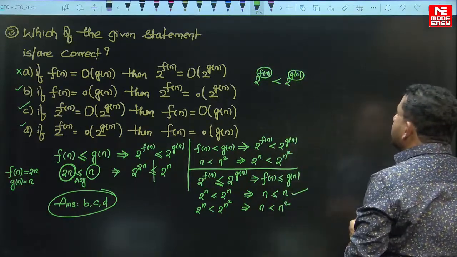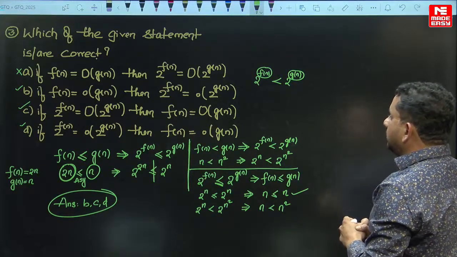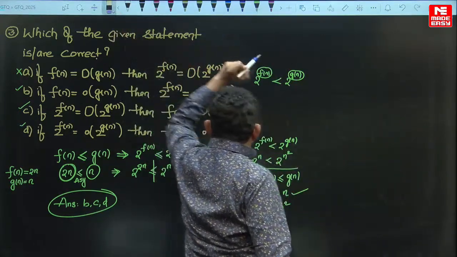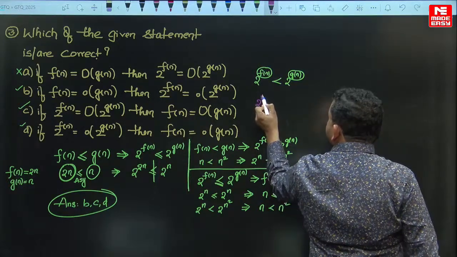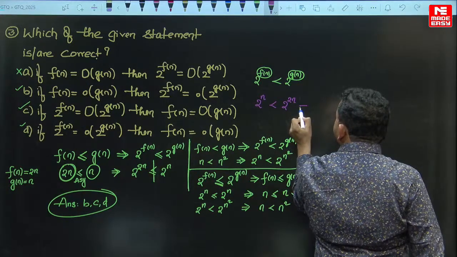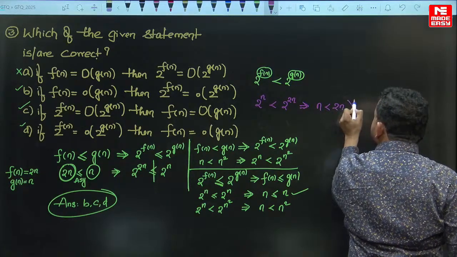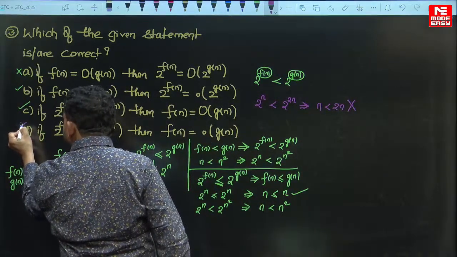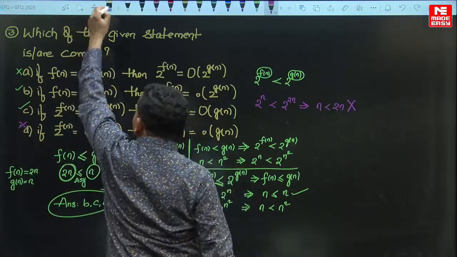But wait, for this one: 2 power f of n is little o of 2 power g of n. So 2 power n asymptotically smaller than 2 power 2n. Then n asymptotically smaller than 2n is false, right? So option D is also a false statement. Sorry for this overlook, I didn't test this one. So the correct answer is only BC.